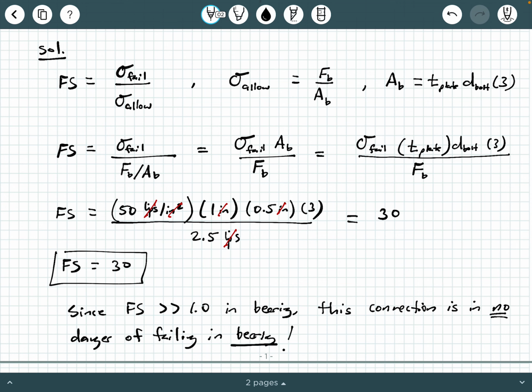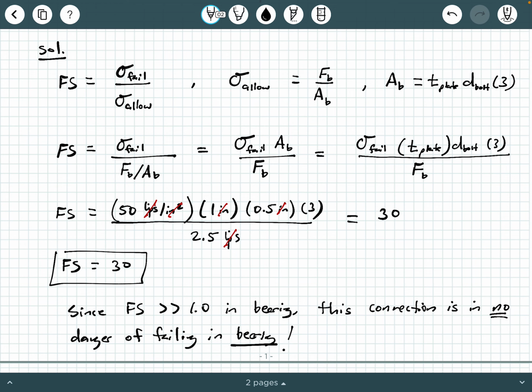Okay. Now, you still, in a larger problem, would have to check for shear through the bolts, right? Because that's a different, what we call limit state that could control the connection design. But in terms of bolt bearing, you are in no danger of failing here because you have such a high factor of safety.